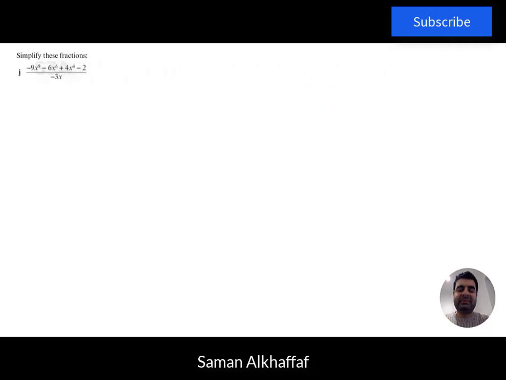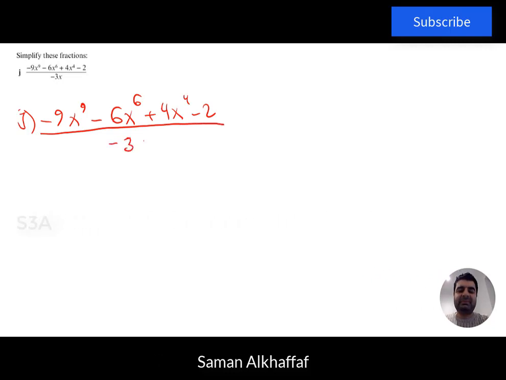In this example we have the expression shown, and we are asked to simplify to its simplest form. So we have 9x to the power 9 minus 6x to the power 6 plus 4x to the power 4 minus 2, all divided over a common denominator, which is minus 3x.